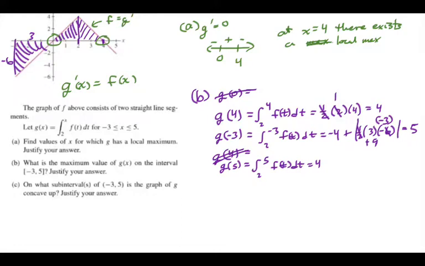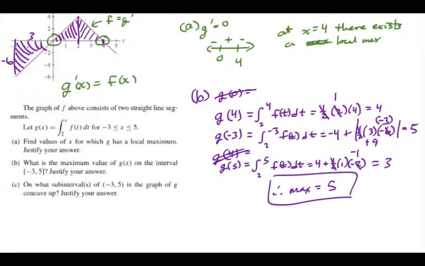That would be 1/2 times 1 times -2, so that would be a -1. I would get a 3. So our maximum value is 5. Now it does say value, so that's good. It helps you remember: whenever you see the word value, you must think y value. Your answer will never be an x.